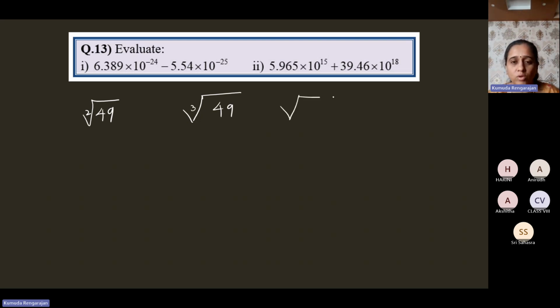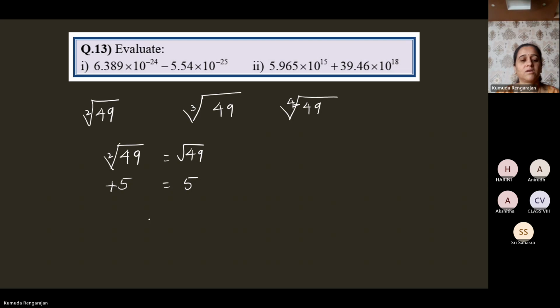If you're trying to write fourth root of 49, you need to show a 4 here. But for square root, whether you write a 2 here or don't write a 2, it's understood. It's implied it is 2 there. Similarly, a to the power 1 is nothing but a.